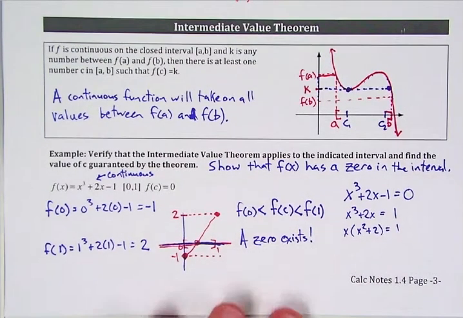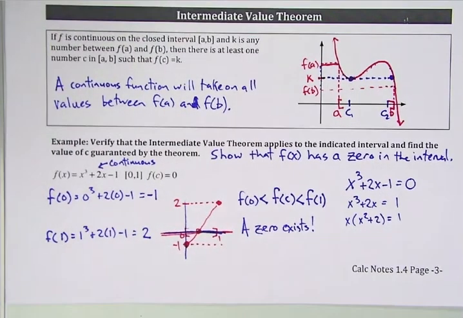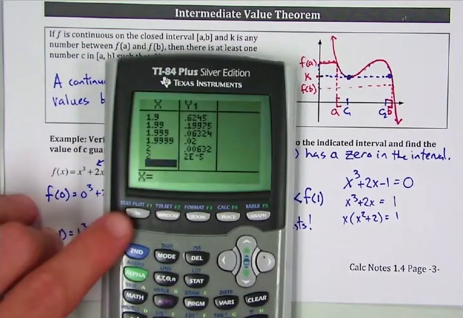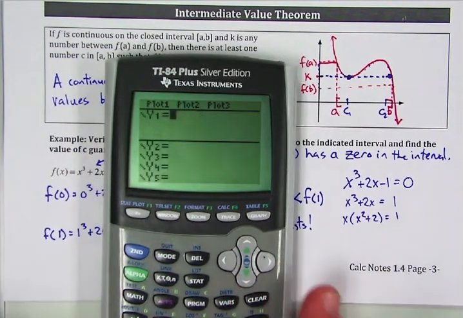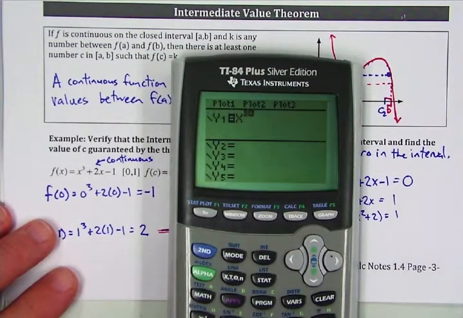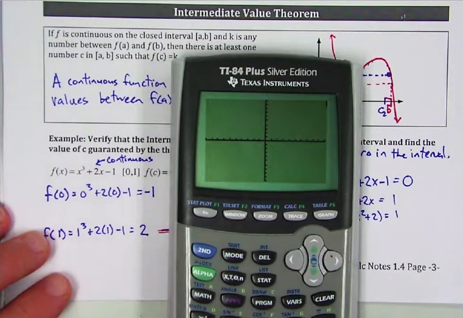We really have no methods for solving this. So since it's asking us to find it, we can use our calculator to find that 0. So go ahead and take out your calculators. We want to put in the function x cubed plus 2x minus 1, and go ahead and hit graph.